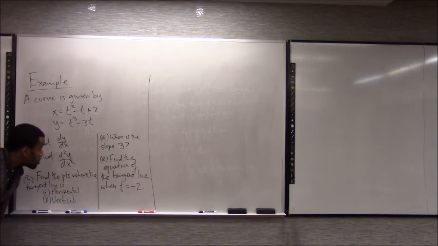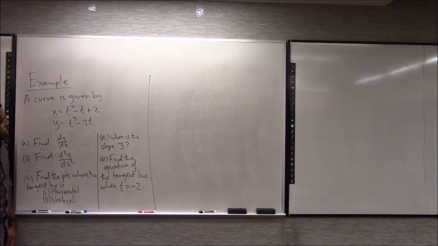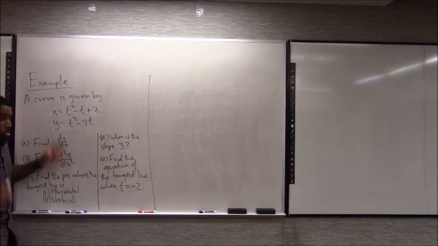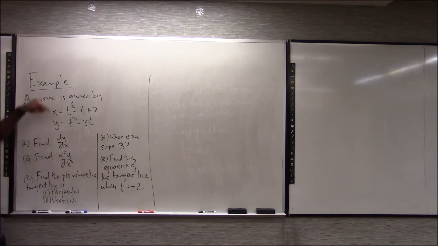So as written, if you were to write this function in the usual xy form, it would be an ugly function. You try to solve for the t here, and probably the only way you're going to be able to do that is using the quadratic formula.